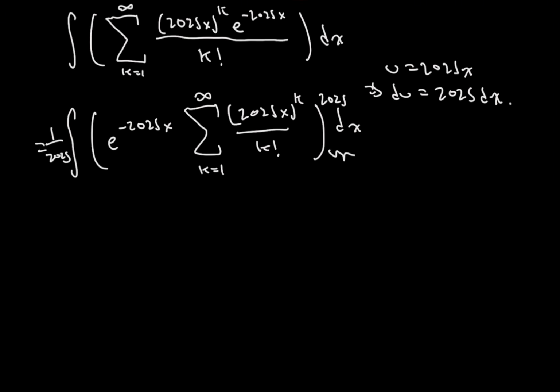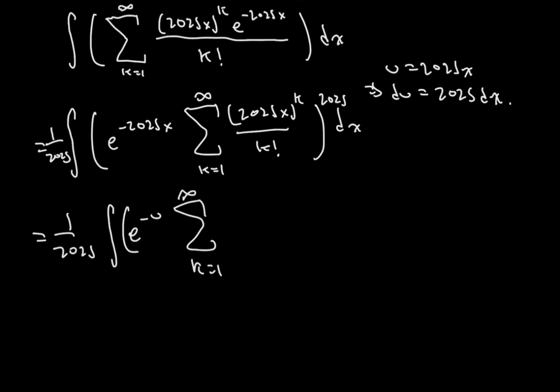So our 2025 dx is going to get replaced by du. So then we have our 1 over 2025 times our integral of e to the negative u times the infinite sum from k is equal to 1 to infinity of u to the k over k factorial du, sorry.